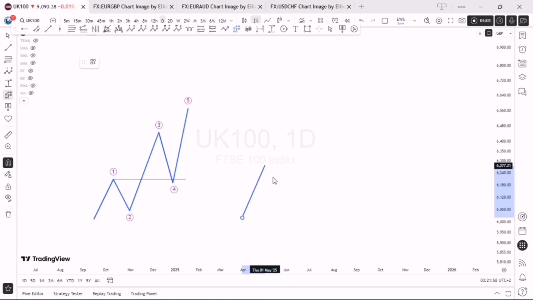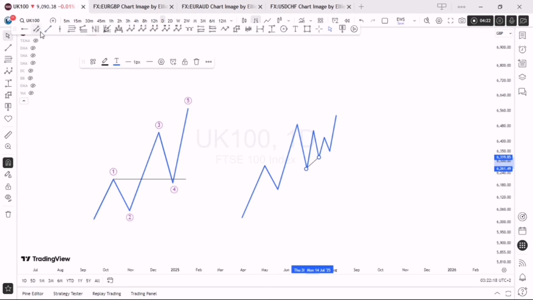Let me show you: you have 1, you have 2, and then you have your 3 right here. It's not so rare. If we have a triangle as wave 4, and then you have your 5, in certain scenarios you will see something like this and it's acceptable. But what happens is the final subwave of wave 4 is outside the territory of wave 1. As you can see, we have an overlap here.